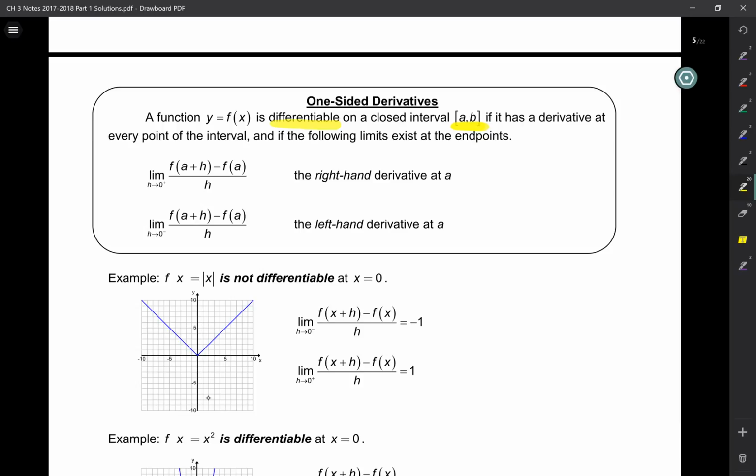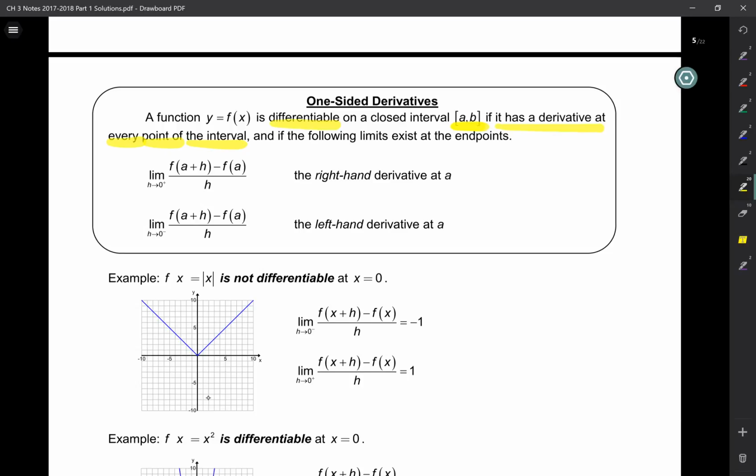So if we're looking at the interval a to b, what does it mean for a function to be differentiable? Well, it's differentiable if it has a derivative, but where? At every point on the interval. That's condition number 1. If you're looking at the interval from x equals 0 to 5, the derivative must exist everywhere from 0 to 5.